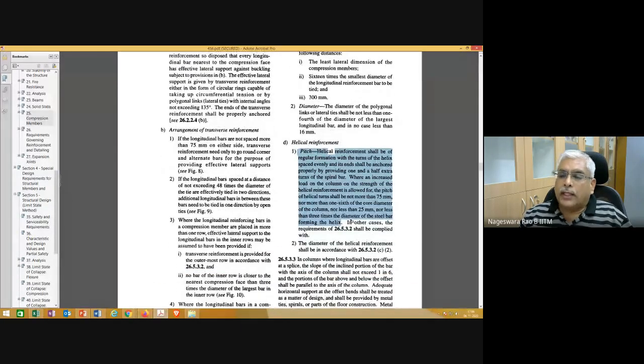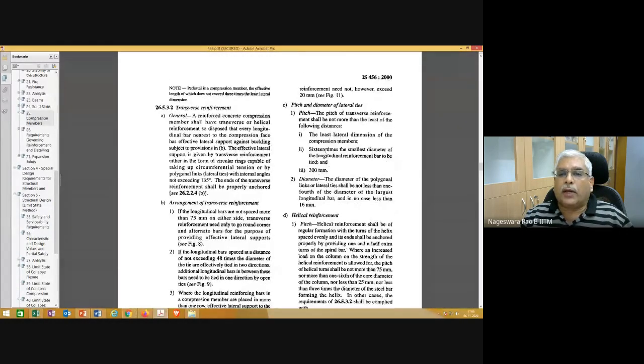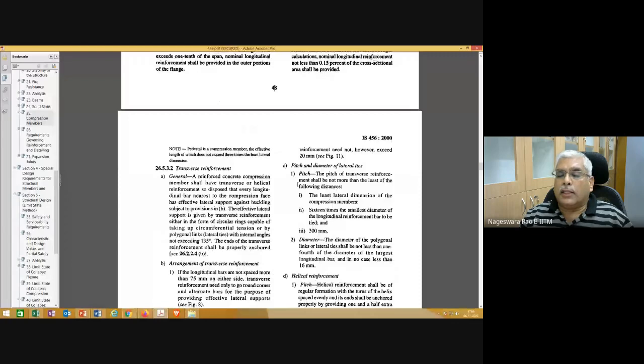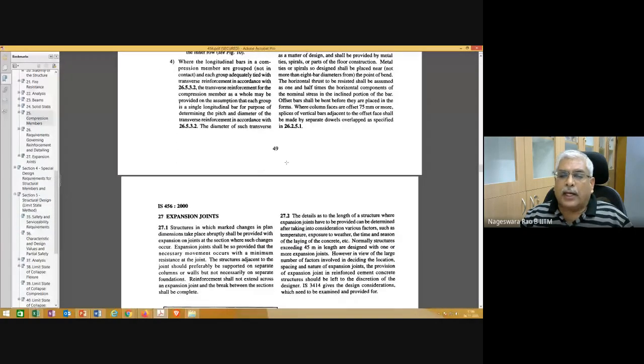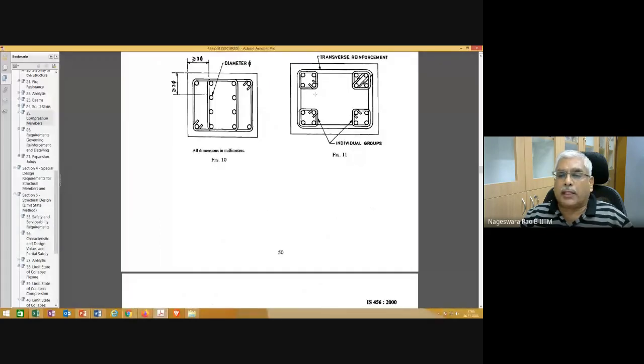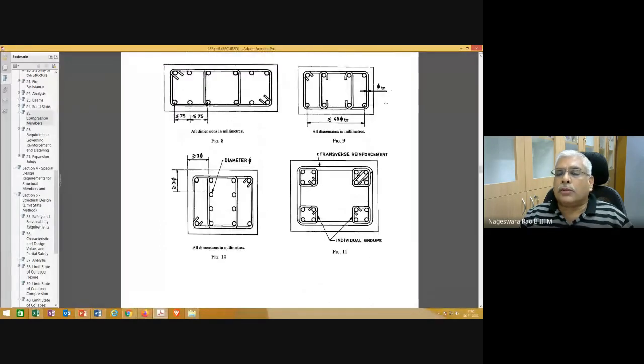Anyway, in a way, columns can be classified based on the reinforcement as well. We'll see that in a while. Okay, so page 48-49 gives you the reinforcement specifications, and 48-49 and also 50 you can say, because this gives you how to provide the transverse reinforcement and other things.